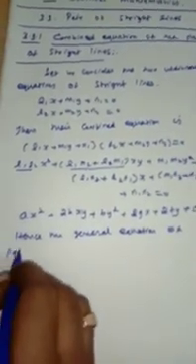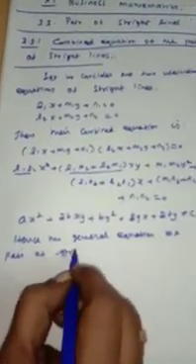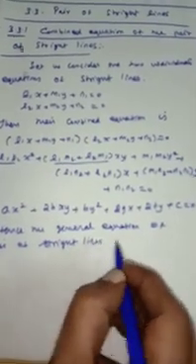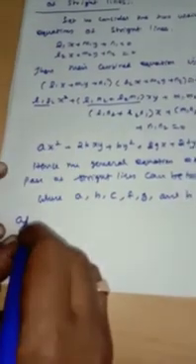Hence the general equation of a pair of straight lines can be taken like this, where a, b, c, f, g and h are all constants.